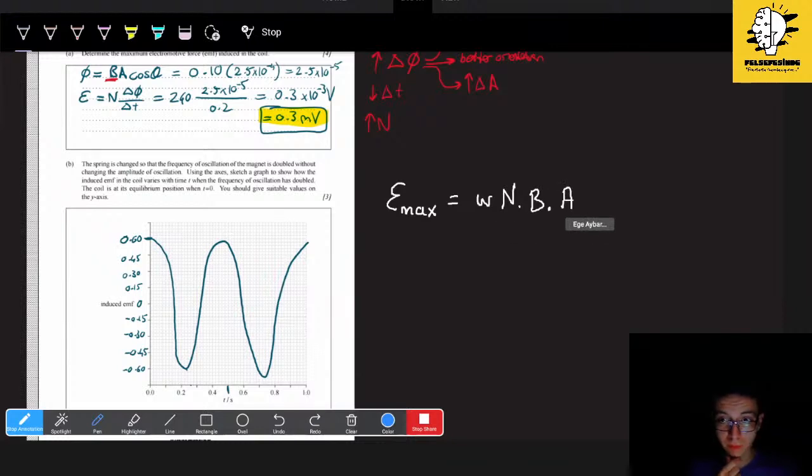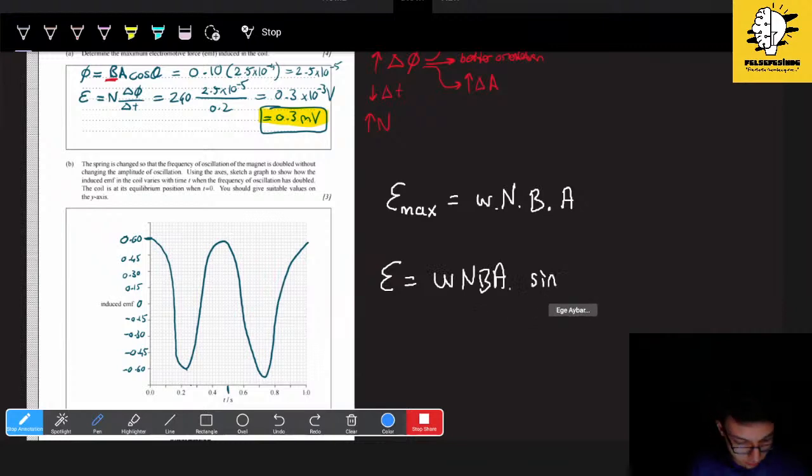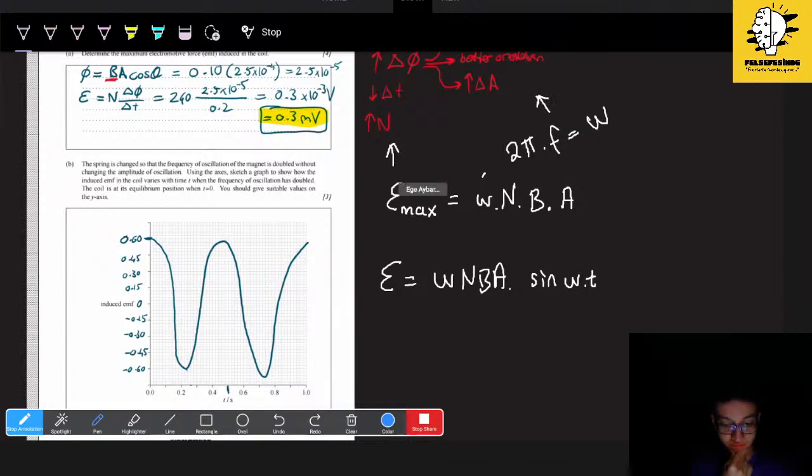You can memorize it as NBA, like the National Basketball Association. And the formula for this is omega NBA sine omega t. And 2 pi times f, frequency, is equal to omega. So when frequency is doubled, the EMF maximum will also be doubled.